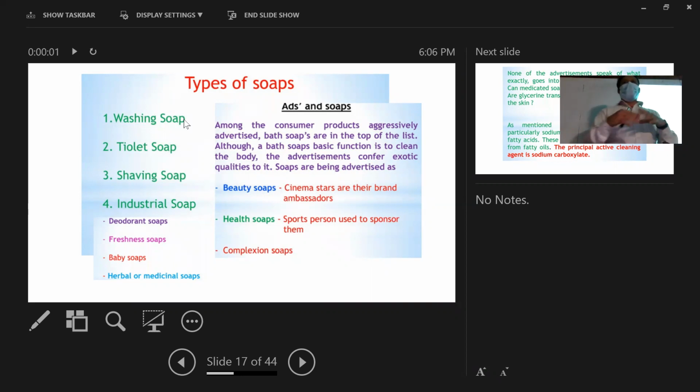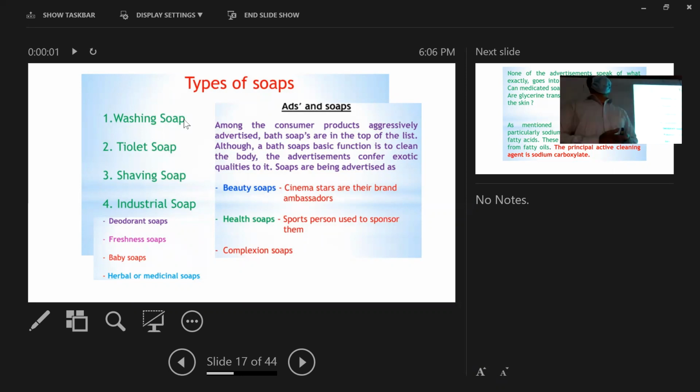But one thing you need to be careful about is that if your soap has a lot of alkali or very strong alkali, your skin can be damaged. So be careful: not very highly basic or very highly acidic, just neutral.